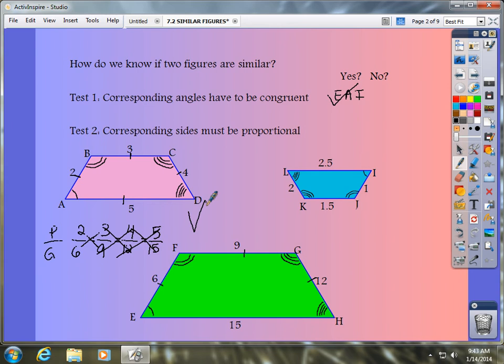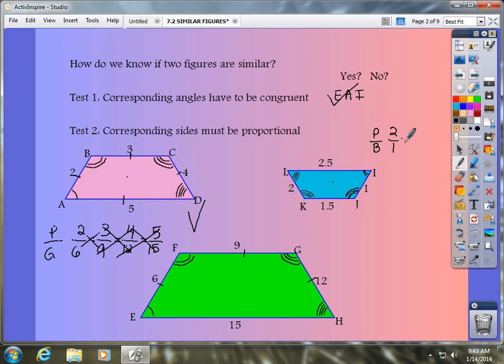Now I'm going to look at this purple one compared to this blue one over here. I want the side between angle 1 and angle 2 based on the marks. So between angle 1 and angle 2, I'm going to put the purple over the blue. I have 2 and I have 1.